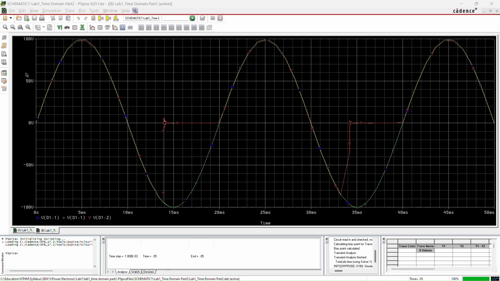This is our graph with RL load with time domain transient.